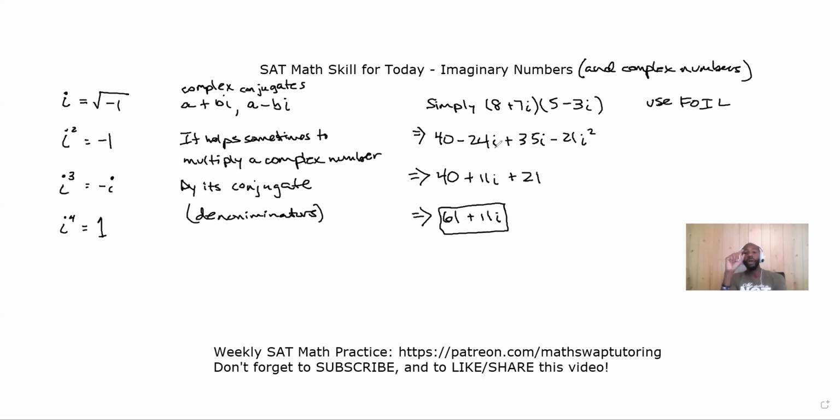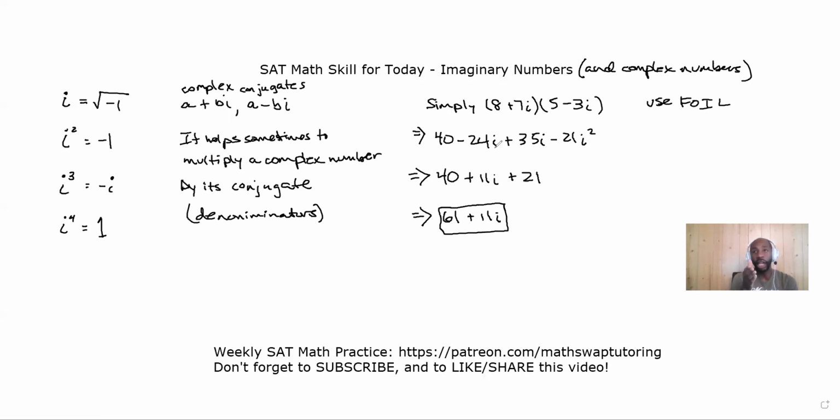All right. So the most important thing is understanding how i works, and then we just do algebra, basically. But you have to understand how imaginary numbers work, how the letter i works. Now, again, there are examples on the SAT where you may have to multiply a complex number that takes the form a plus bi by its conjugate, as I've explained here on the screen.